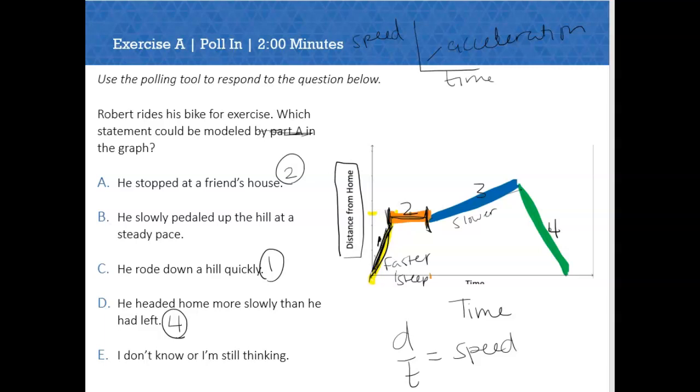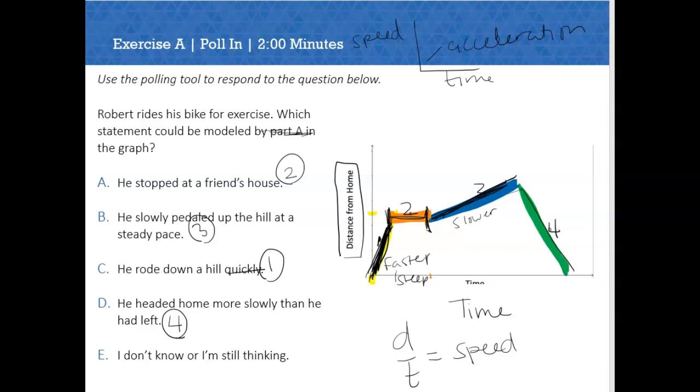So just because this is going up, that doesn't have anything to do with going uphill or downhill. This is just you went quickly. Now you're going up a hill slowly, just because you're going more slowly than you were initially. So don't get confused about going uphill and downhill on what this looks like. This is just the distance from home. You're going away from home. You're going away from home.